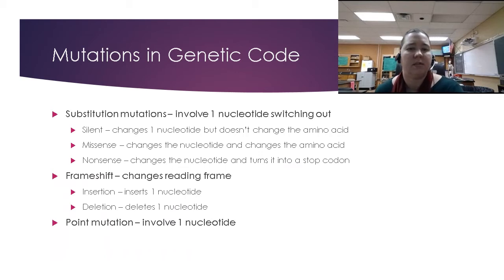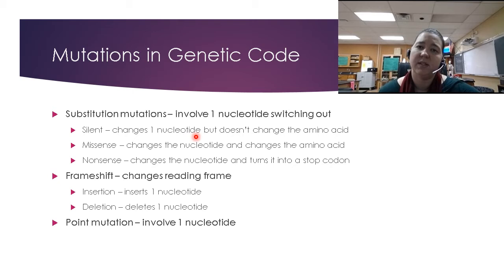So there are 5 basic mutations in our genetic code when we're talking about the DNA. Substitution mutations are where we actually switch out a nucleotide. Silent means we change one nucleotide, but it doesn't actually change the amino acid.